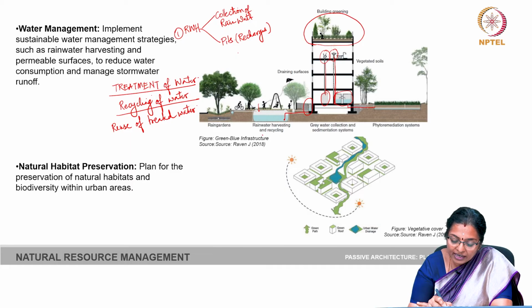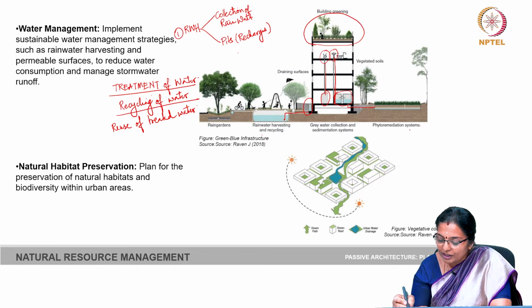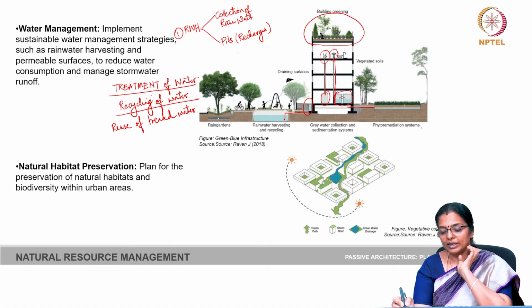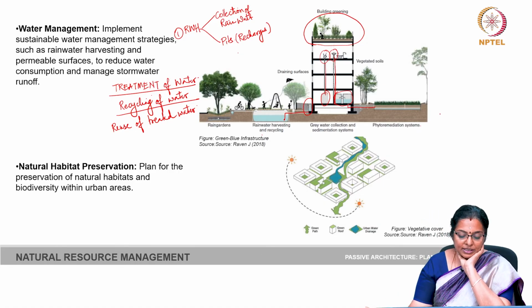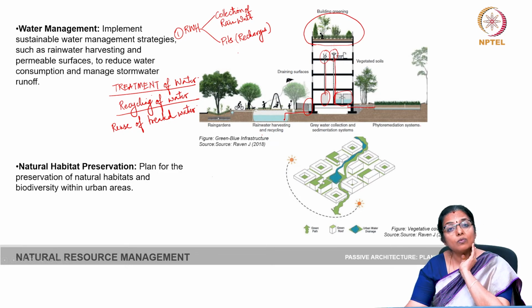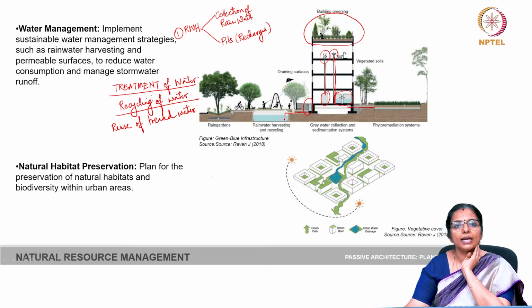So, you have rainwater harvesting and recycling, and you have rain gardens, you have grey water collection and sedimentation system, and phytoremediation systems, which is also called root zone treatment. So, this is the green-blue infrastructure. We should also have a plan for preservation of natural habitats and biodiversity within the urban areas.